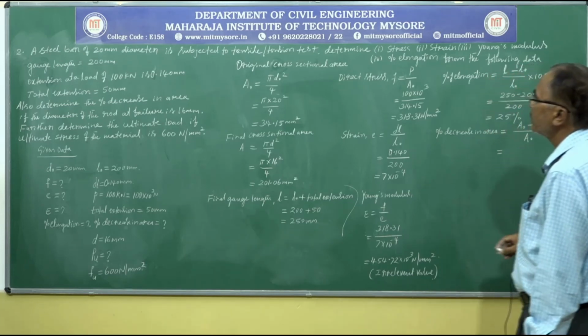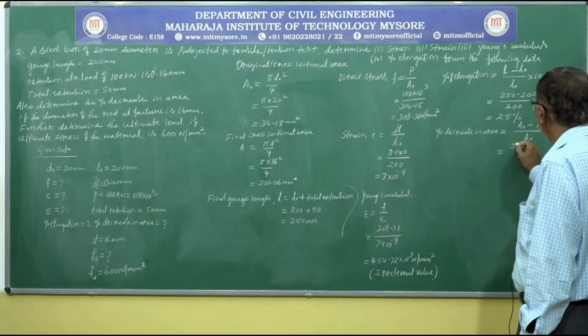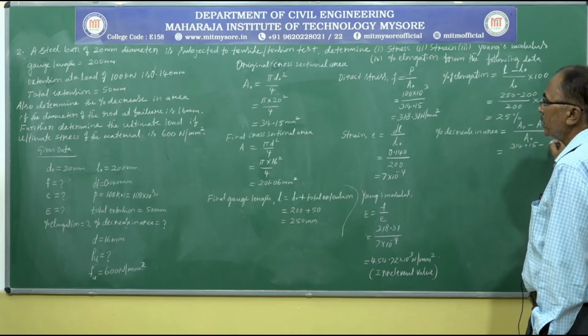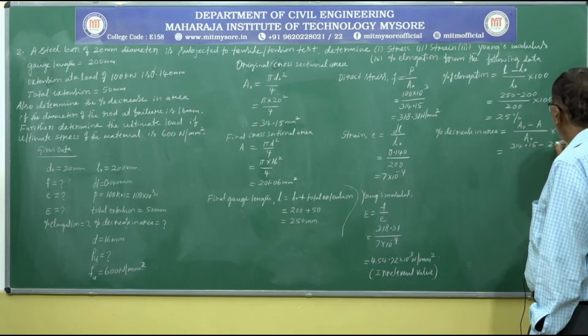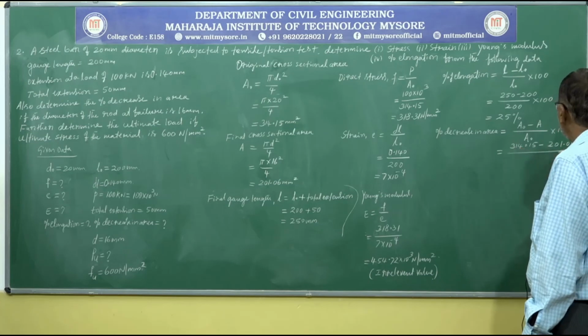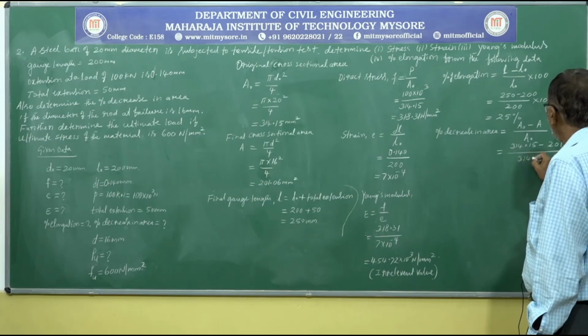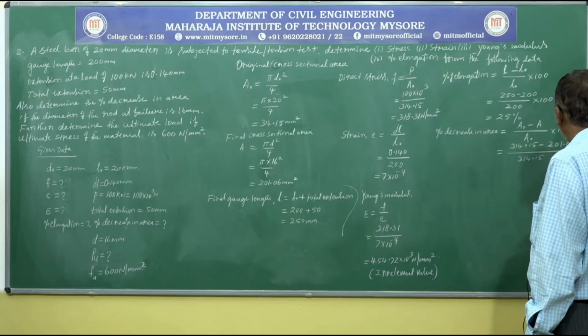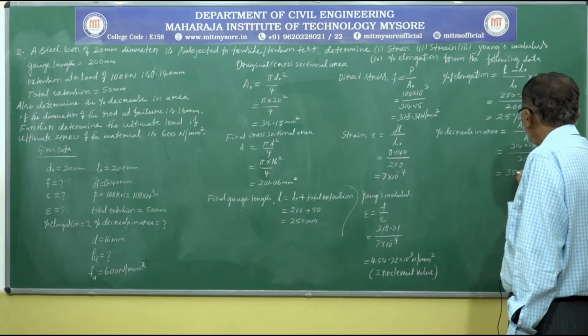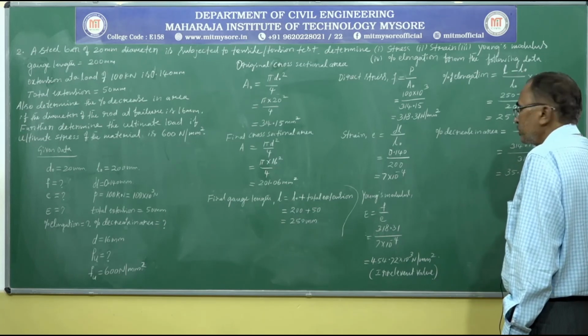So we have A naught is equal to 314.15 minus A, 201.06, that divided by 314.15 multiplied by 100 gives us 35.99%.